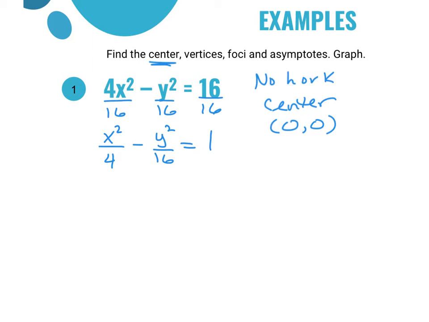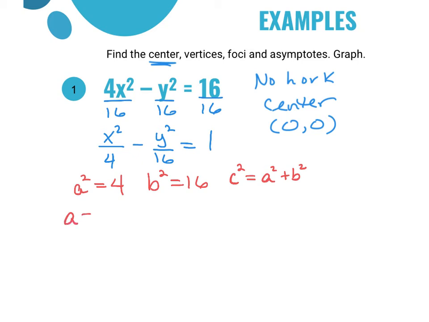Remember, a squared is always first. So a squared equals 4. B squared is going to equal 16. To find c squared, I have to do c squared equals a squared plus b squared. Well, actually, let me go ahead and find a first.